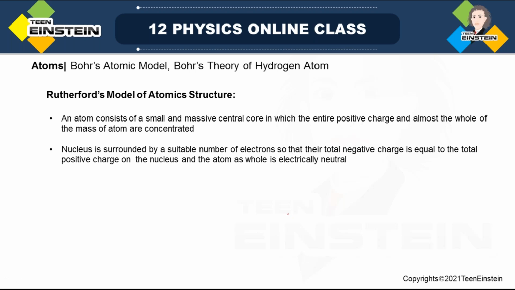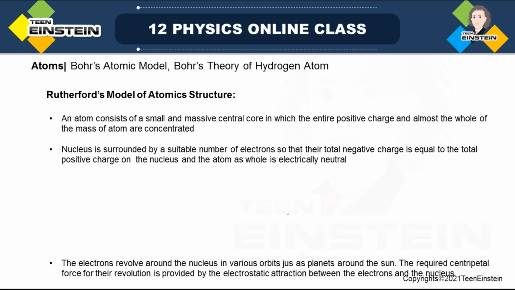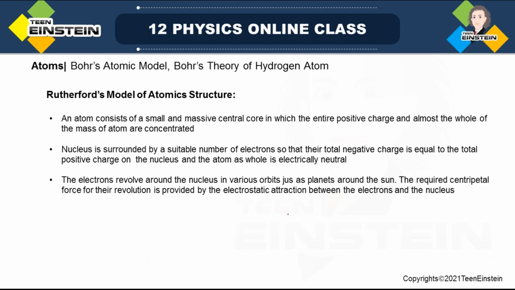Then the nucleus was surrounded by a suitable number of electrons, so that their negative charges are equal to the total positive charge on the nucleus.